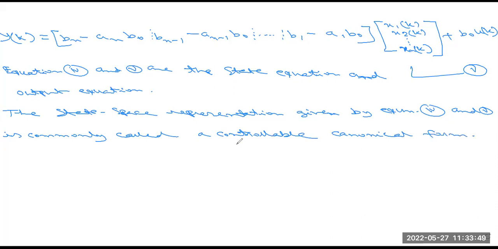Okay, so this is basically the controllable canonical form. Okay, is it clear?